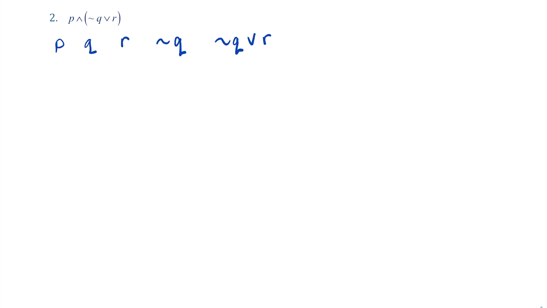Or the disjunction of the negation of Q and R. And then remember that at the end of the day, we write the entire statement. So you'd have the conjunction of P and the disjunction of not Q and R.